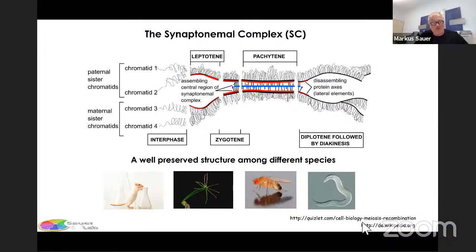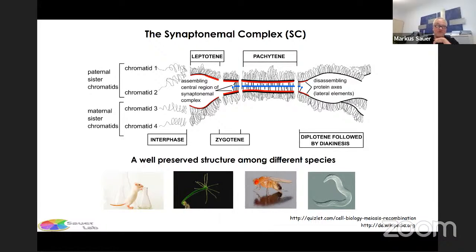So, well, let's move on to a few examples. One of the first examples in Würzburg we studied was the synaptonemal complex. It's a multi-protein complex, very complicated. It's formed during meiosis, and it tethers the chromosomes, the chromatids from father and mother, together, and it disassembles again after meiosis. And it's a highly preserved structure among different species, and there are antibodies available commercially or from colleagues directed against all these different proteins that make up the synaptonemal complex.